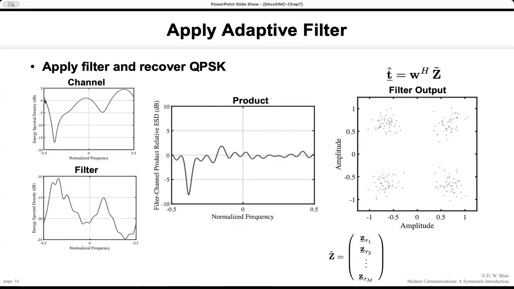If you take a look at the original effect of the channel, you notice there's a super deep notch here. And so if our filter brought that notch all the way up, there was almost no signal left there. And so by bringing that back up, it's actually just blowing up noise in this region.